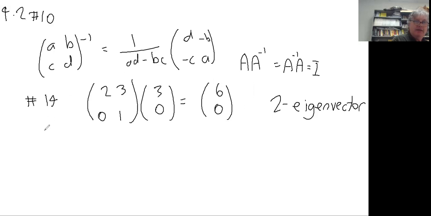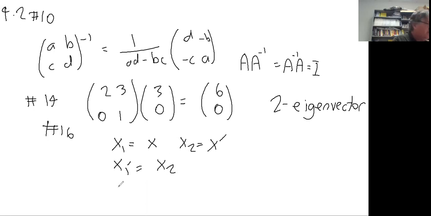And then in number 16, we had the system where we set x1 to be x, x2 to be x prime, and the system was x1 prime equals x2, and x2 prime equals minus 27 x1 minus 12 x2.